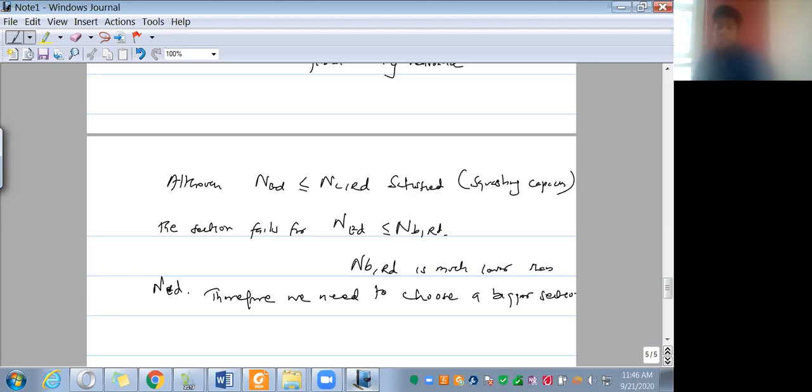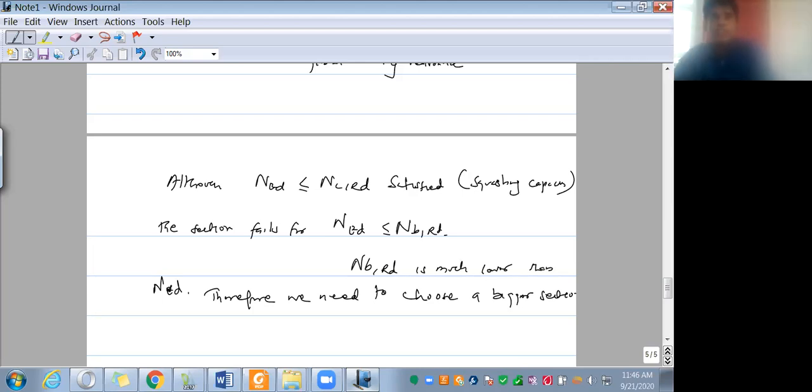Okay, so if the member satisfies both the compression capacity as well as the global buckling requirement, then the member can be used. So in this question, we have about 1000 kilonewton load acting on the column.